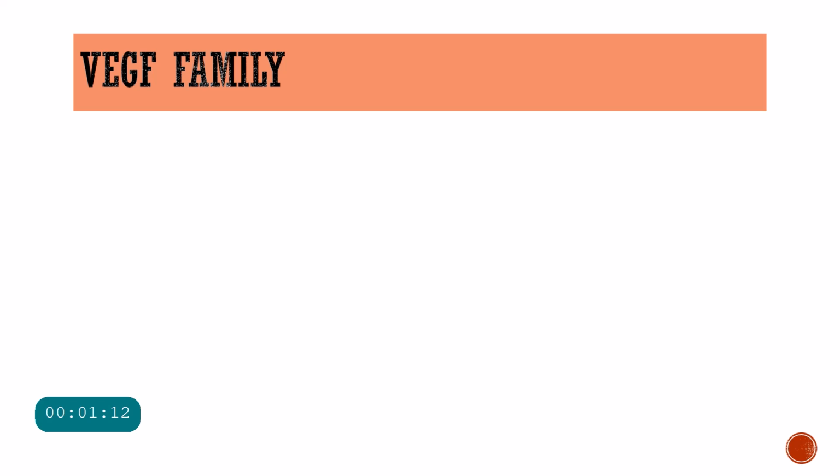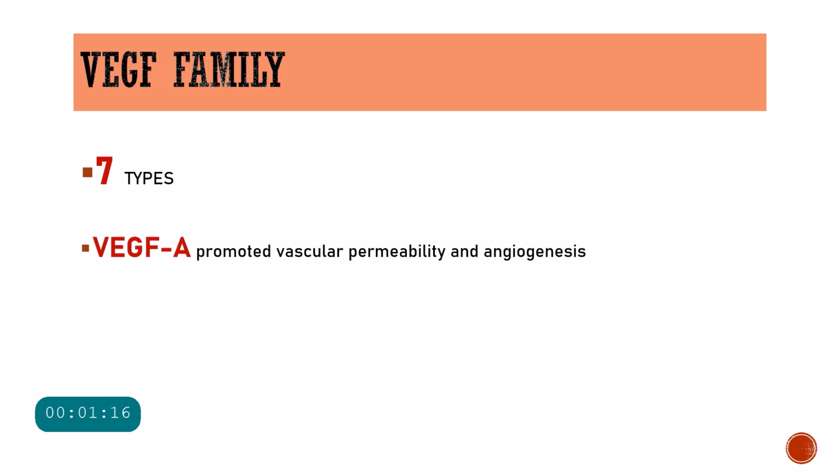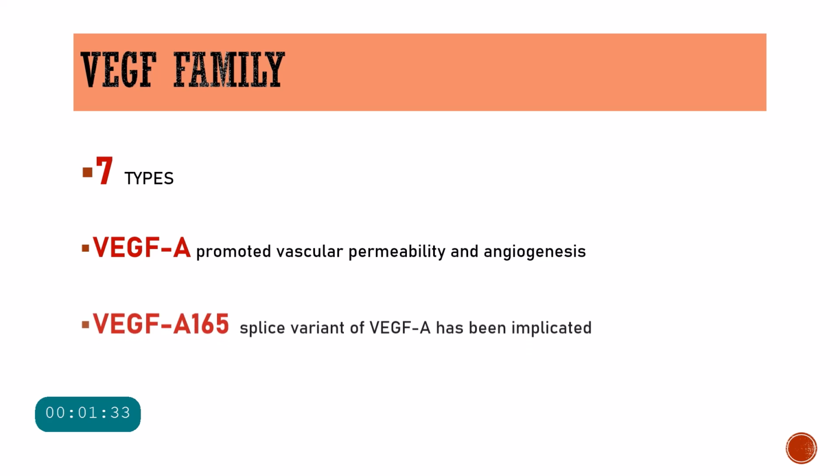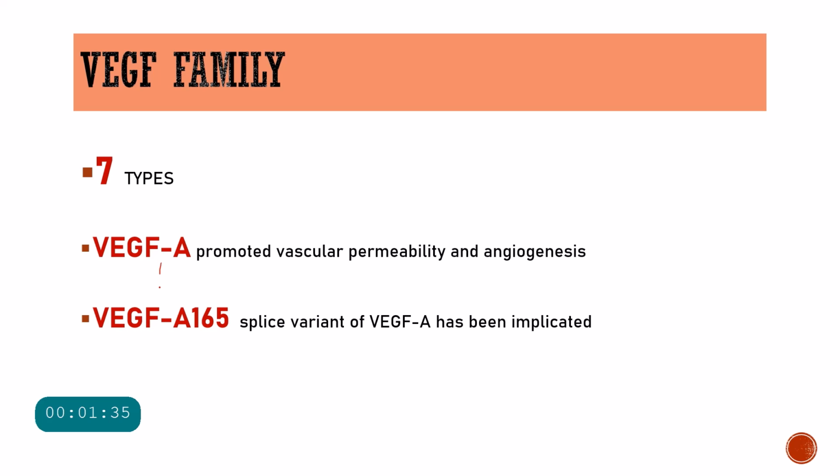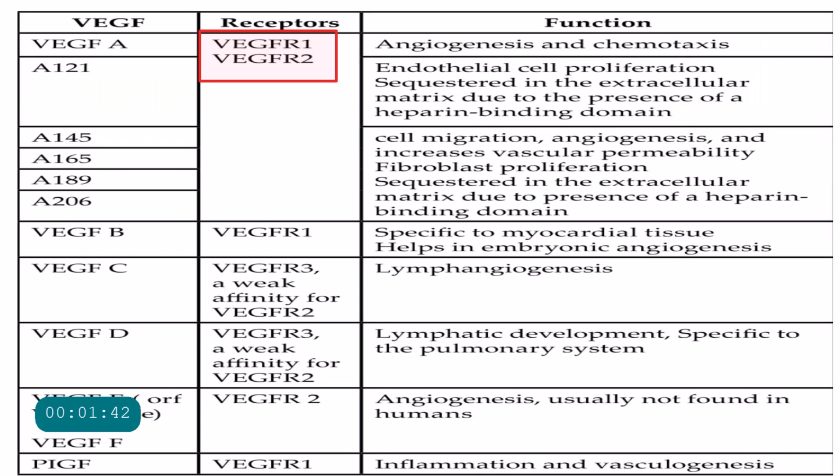The VEGF family is a huge family with 7 types of members, but what is most important to us in ophthalmology is VEGF type A, because this promotes increased vascular permeability by the breakdown of the blood-retinal barrier and brings about angiogenesis and neovascularization in the retina. And in this VEGF A, the most important isoform is the VEGF A 165 splice variant.